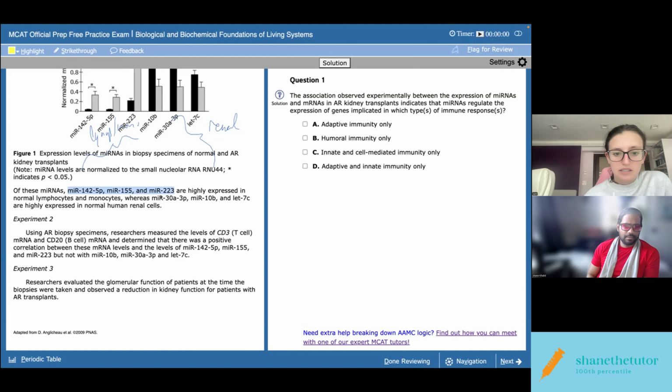They were measuring these T cell and B cell mRNAs and looking for a correlation between them and the microRNAs. And what did they find? They found a positive correlation between three of them.